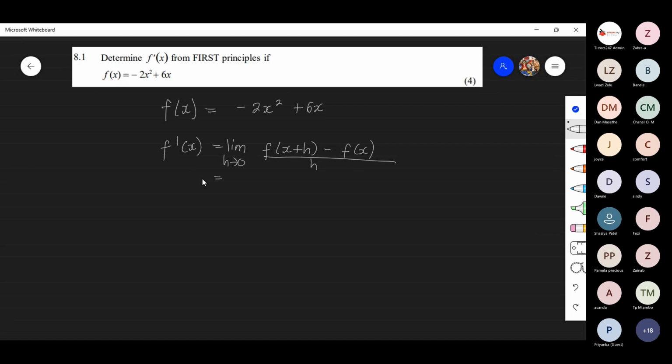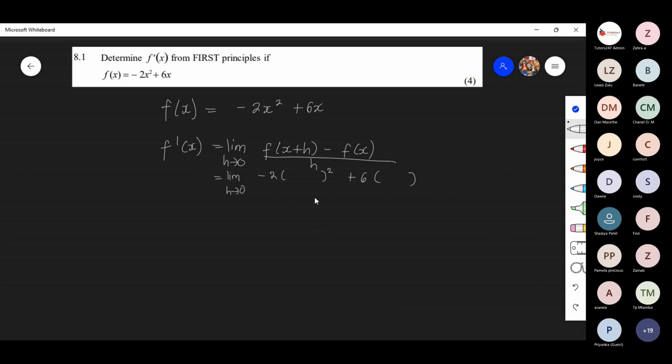From this point, all we are going to do is substitute that f of x plus h. How do we do that? Wherever we see x, we substitute x plus h. That's all. So step 1, bring down the limit as h approaches 0. Then rewrite f of x, but wherever you see x, you put a bracket.